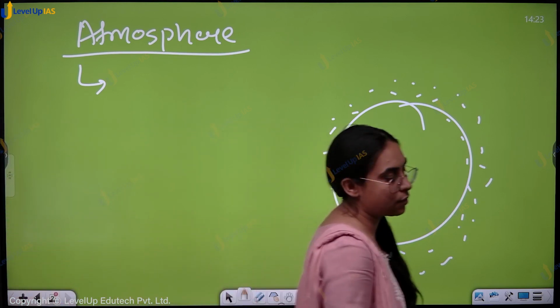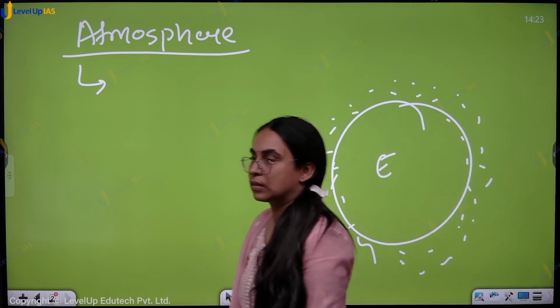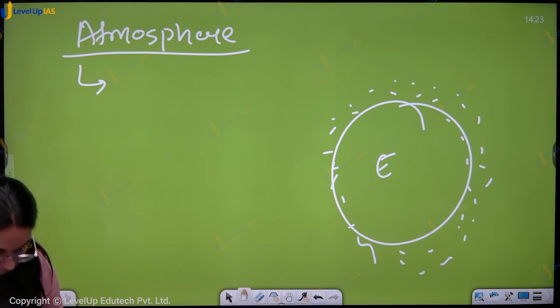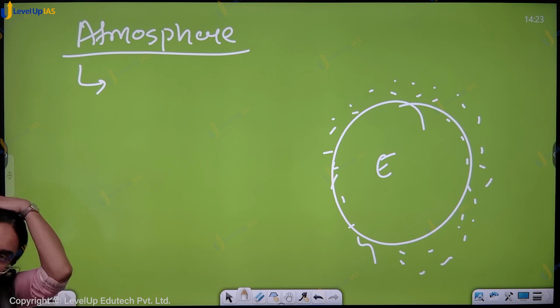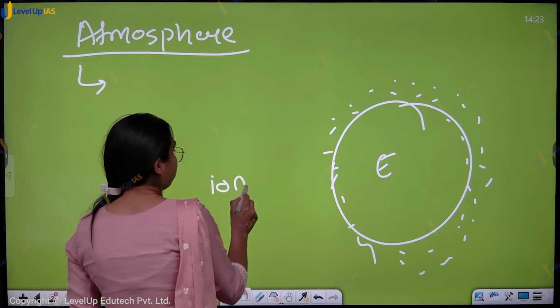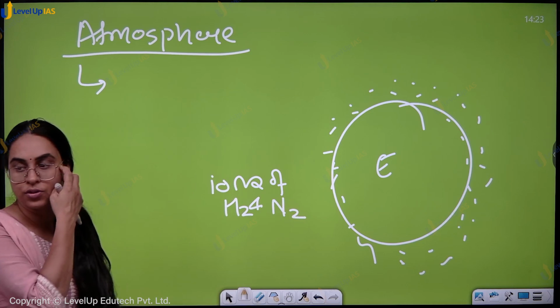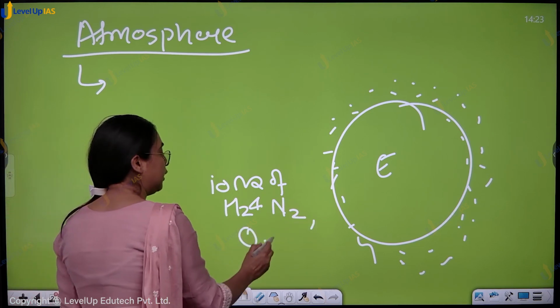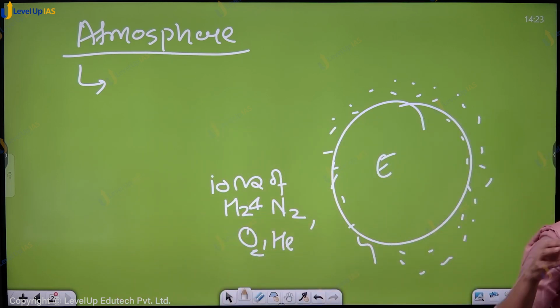It is composed of gases, dust particles, water vapor, pollutants, and ions of hydrogen, oxygen, nitrogen, helium, which are in ionic form, that is, split.